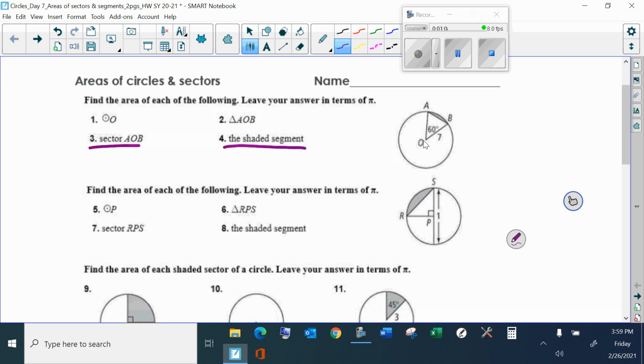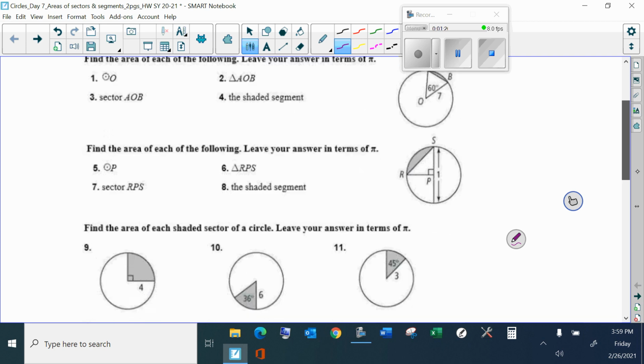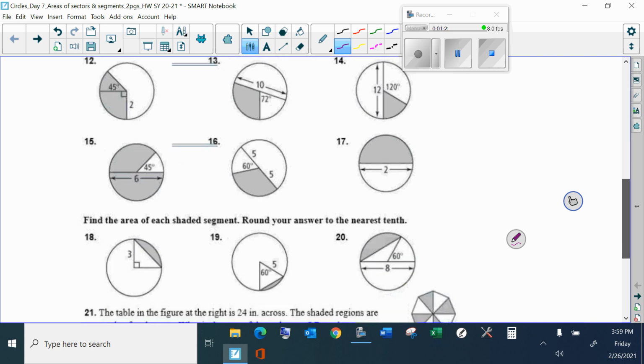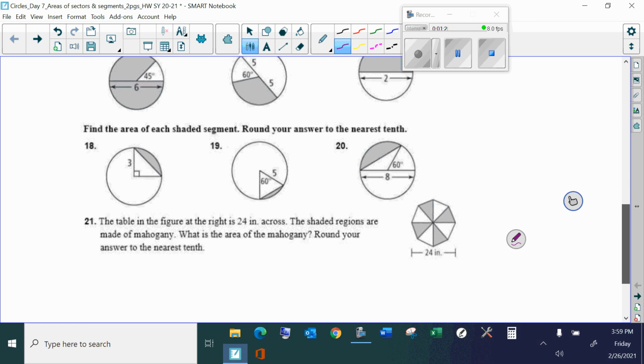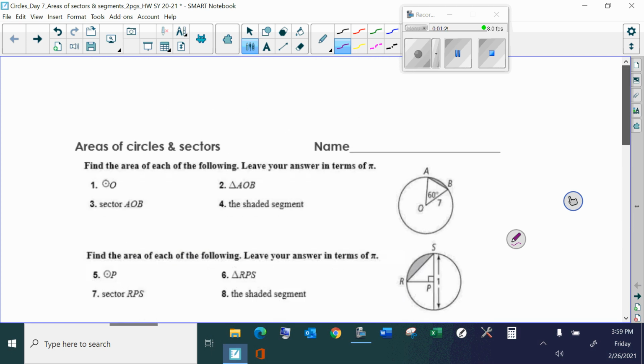All right, so I'll go ahead and do this first group here, and then you can do the others from there, because that'll cover basically everything you'll be doing on the rest of this page, except for 21. Okay.